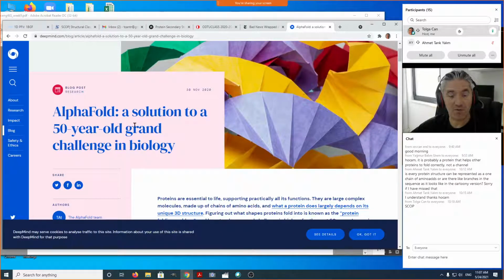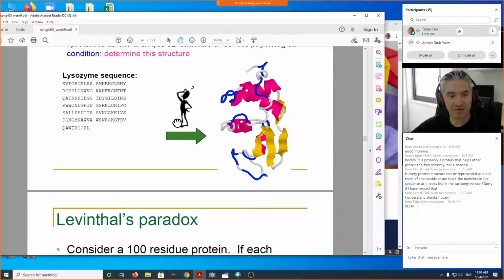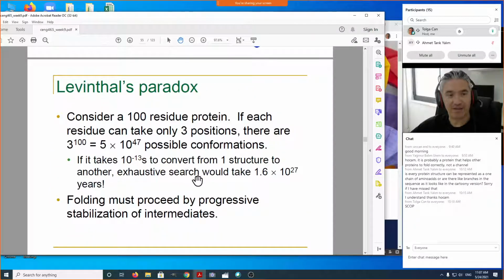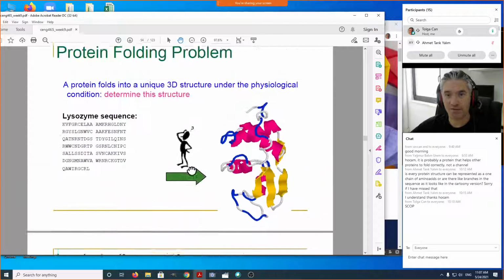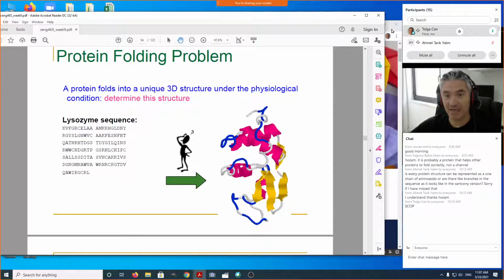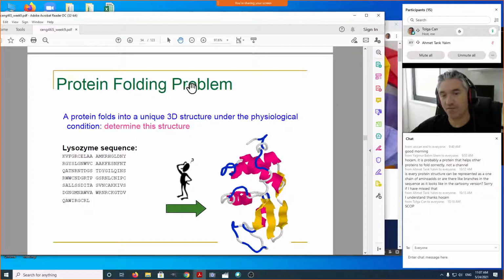So AlphaFold, a solution to a 50-year-old grand challenge in biology. Right now, in this slide, what we're seeing is Levinthal's paradox and this problem that I have had on these slides for many years. I was talking about the protein folding problem as one of the unsolved problems. Now, even the people who made the CASP competition state that we may consider this problem solved now.